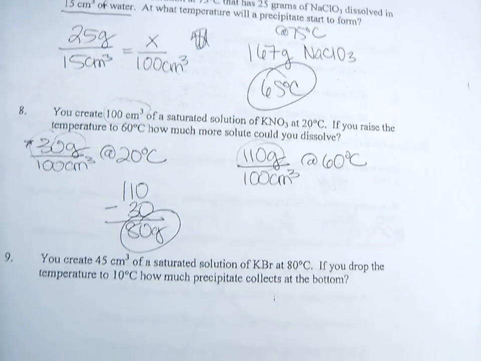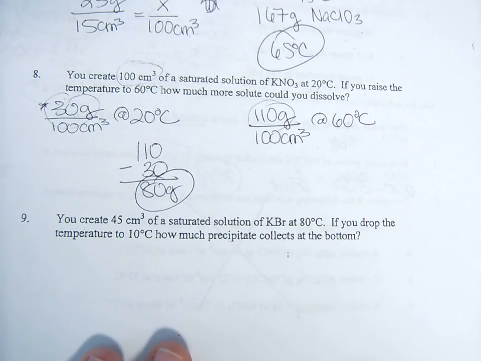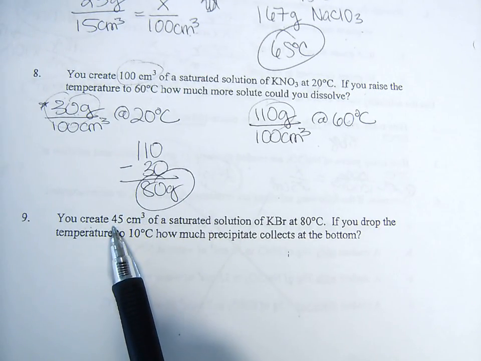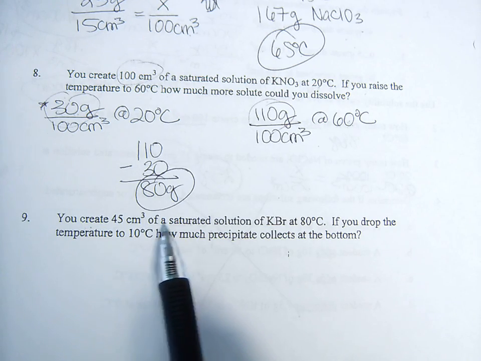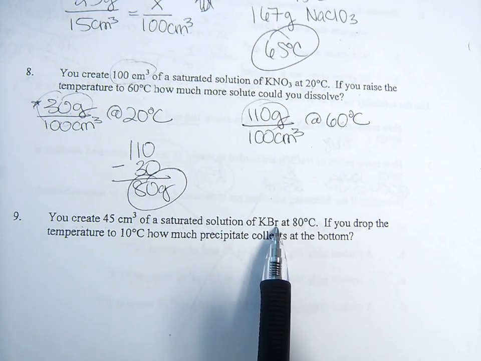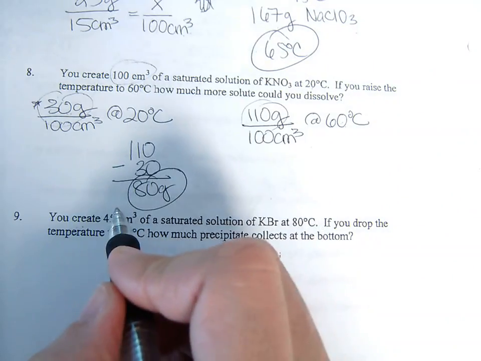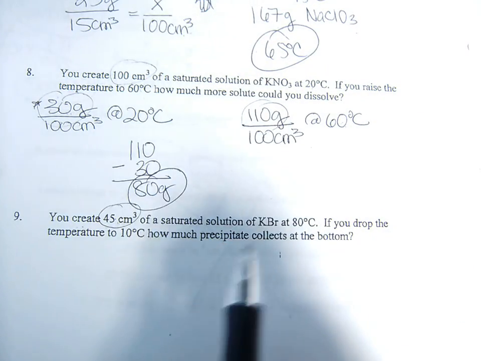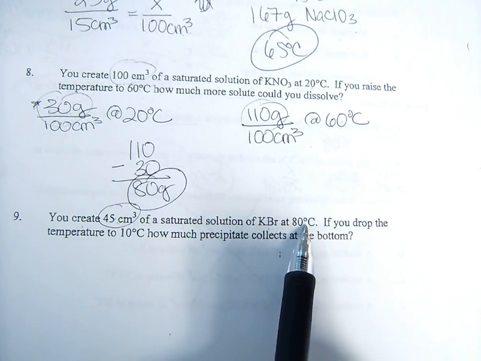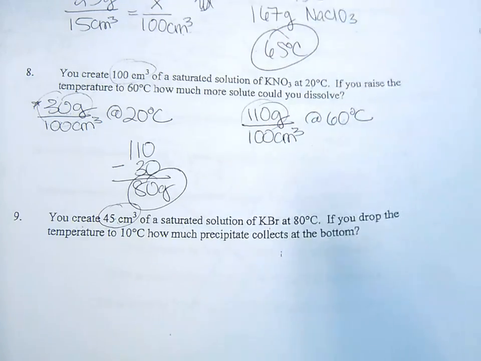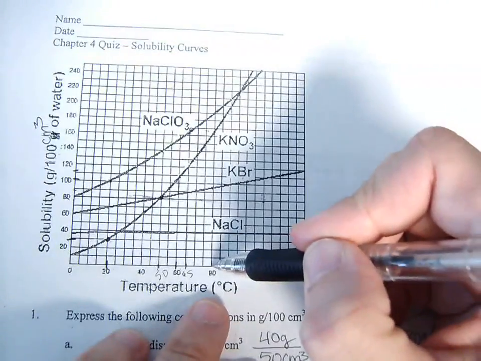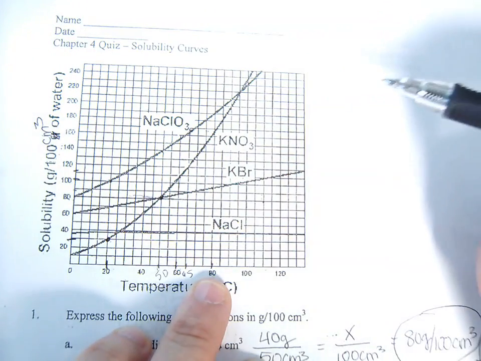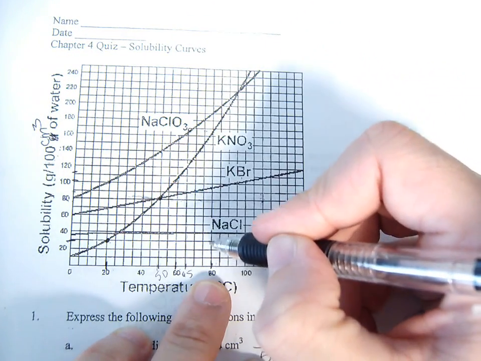Last one. You create 45 cubic centimeters of a saturated solution of KBr at 80 degrees. 45. Again, they're not using our standard, so let's do this first. KBr at 80 degrees, and it's saturated, so let's find that first. 80 degrees, and then KBr is this one.